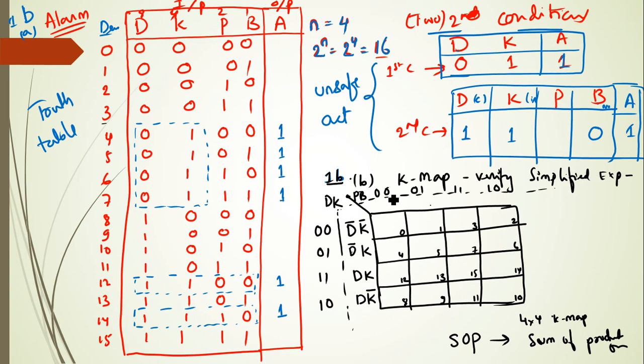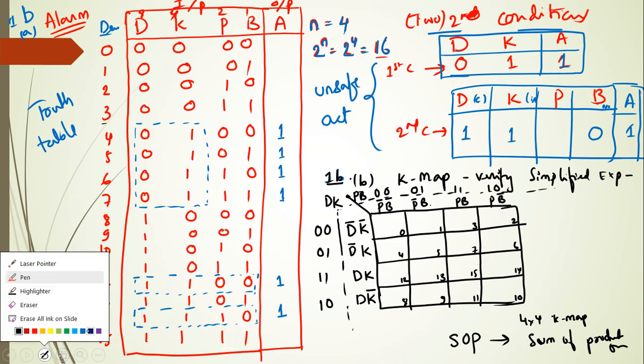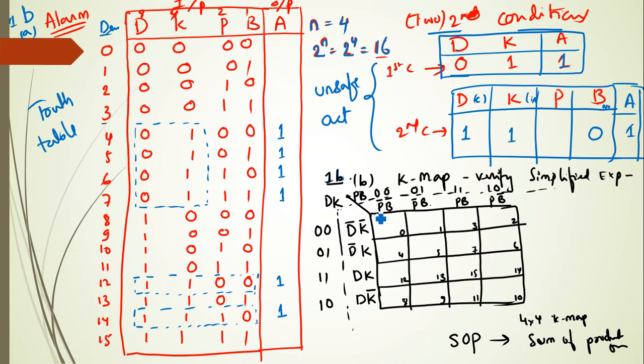For PB, 0, 0 is P bar and B bar, then P bar and B, then PB, then P and B bar. Simple.